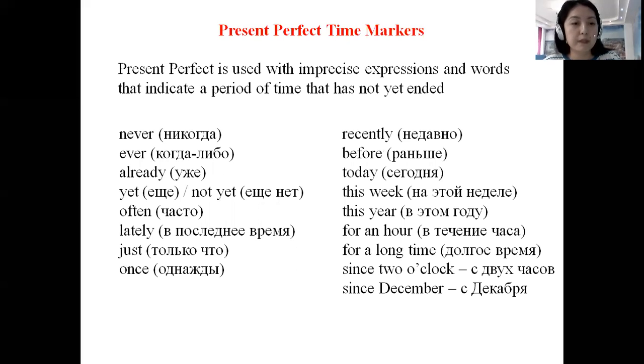Never, ever, already, yet, not yet, often, lately, past, once, recently, before, today, this week, this year, for an hour, for a long time, since 3 o'clock, or since December.